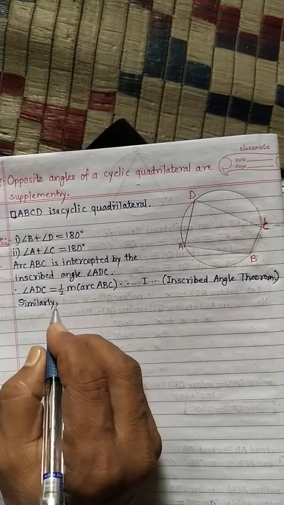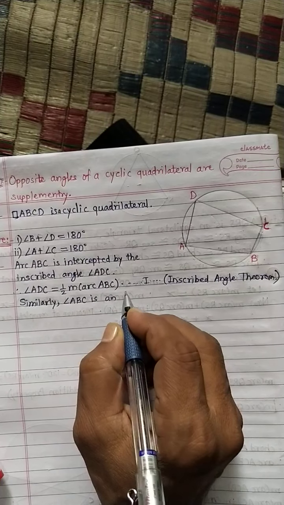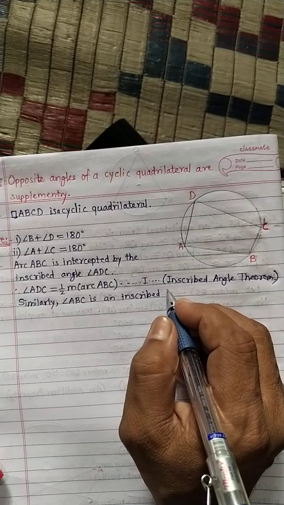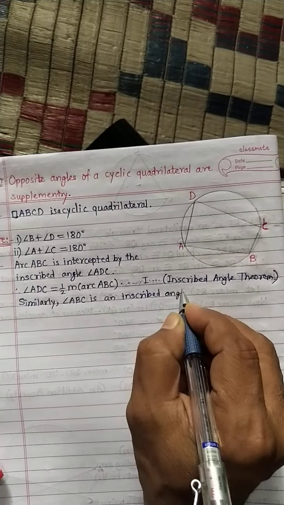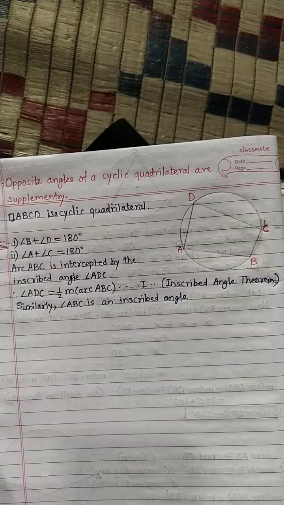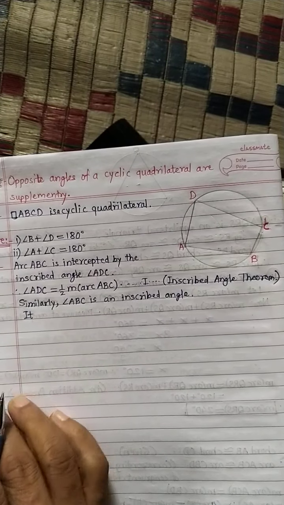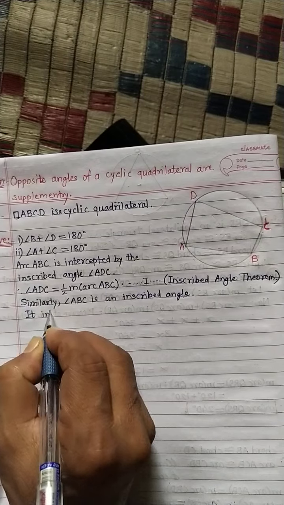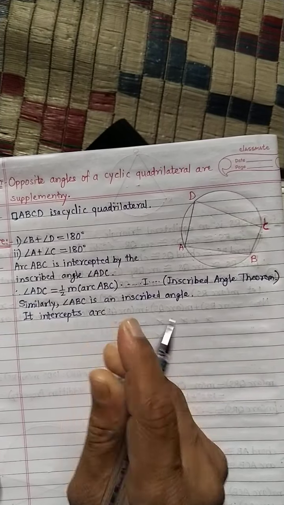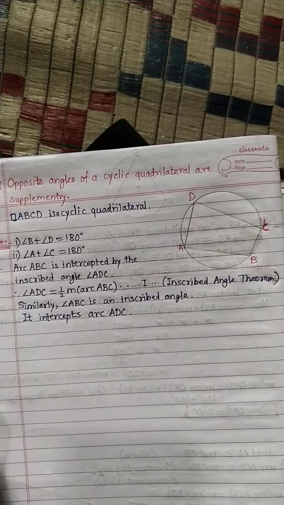Angle ABC is an inscribed angle. It intercepts arc ADC.